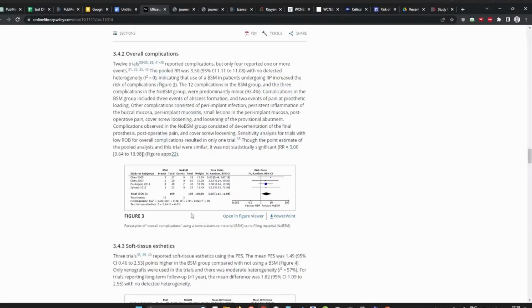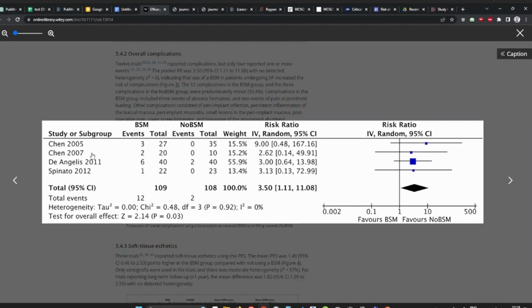They will be talking about all these cohort studies or these trials, whatever these are. In these particular trials, they have taken out the data based on whatever complications they had. They saw 3 complications here. 3 events happened in this particular trial in BSM patients. In non-BSM patients, they calculate the same thing, and they plot that on a forest plot.